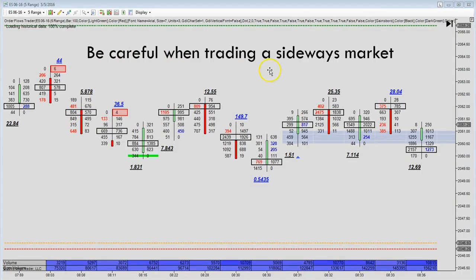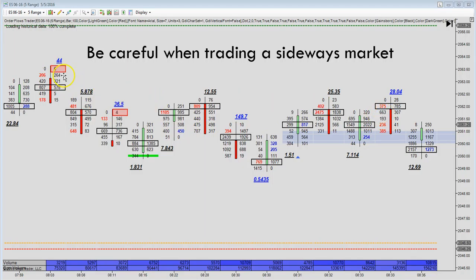Again, be careful when trading a sideways market. If you got some ratios here, negative 44, 36, it's ratios above red candles, which is telling you I'd much rather be short than long when I get more ratios above than below. But for the most part, this market is going sideways.